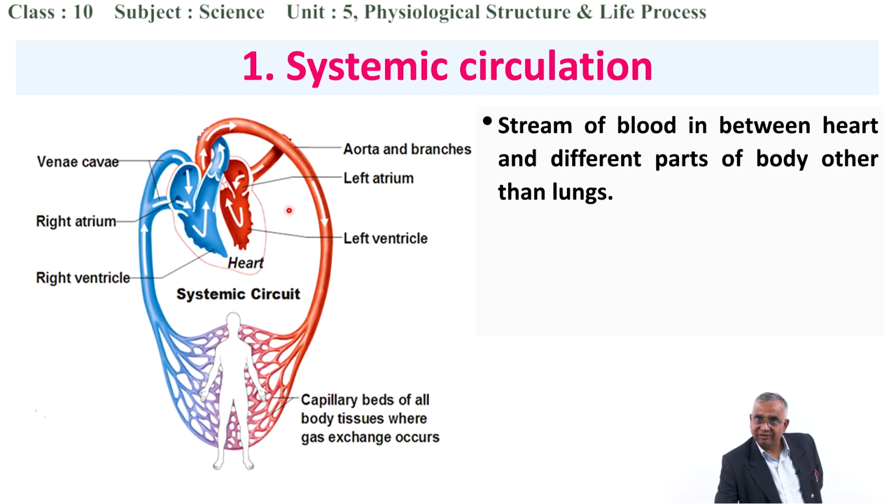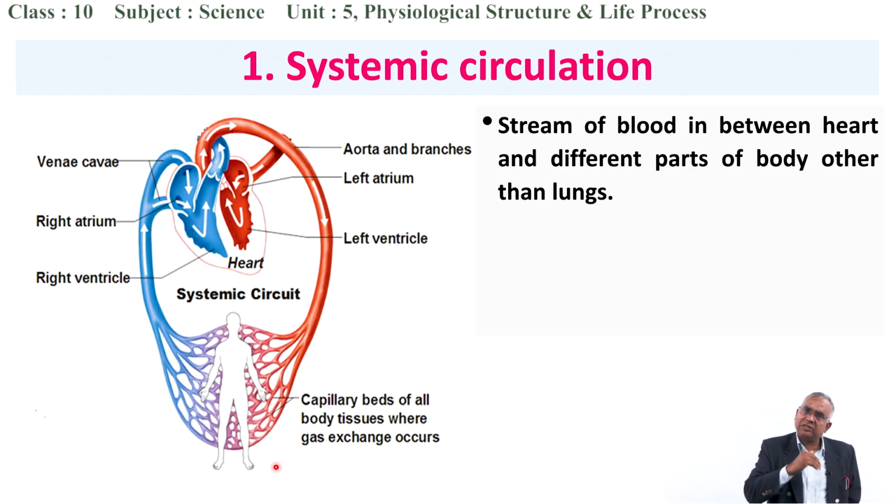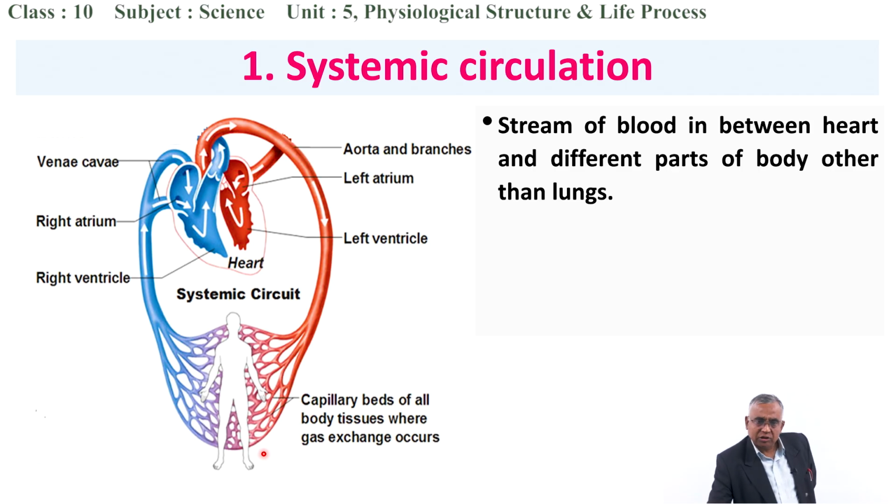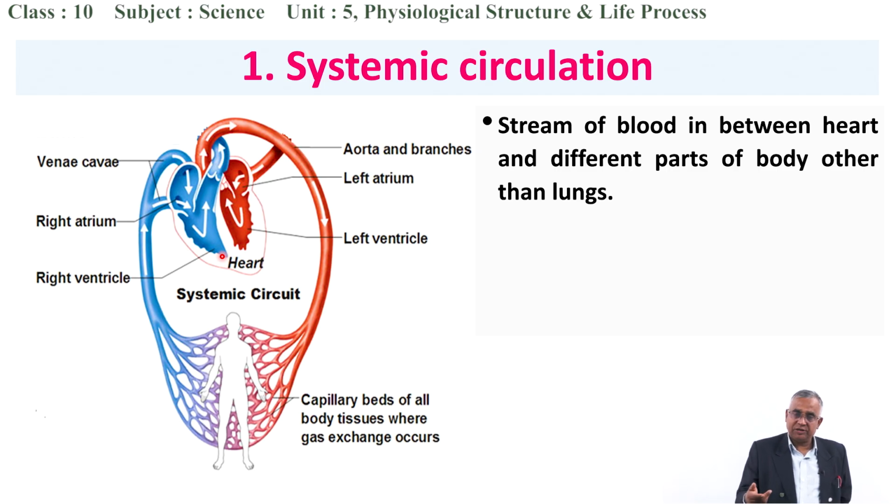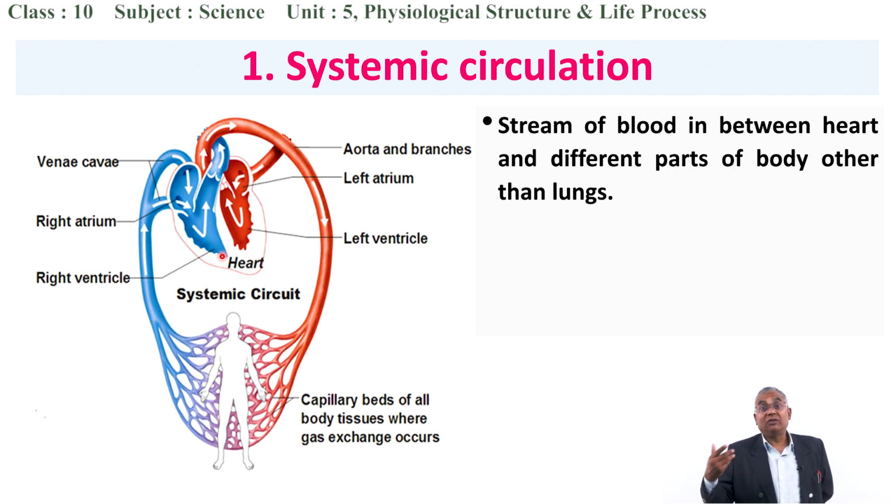So this type of circulation is called as what? Systemic circulation. In systemic circulation, what is the purpose? What may be the purpose of this circulation? To supply required things to the cells and bring back the unnecessary substances from the cells for their separation. Only that is the purpose. Required things may be related with nutrients, with oxygen for energy production, or for protecting from disease.